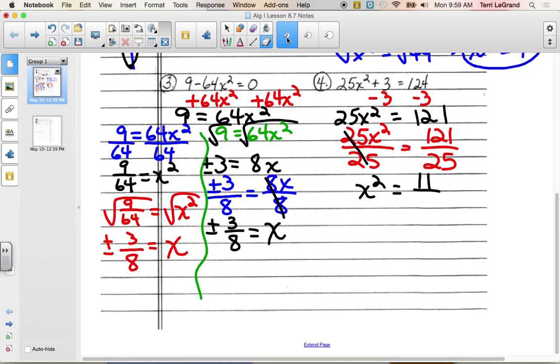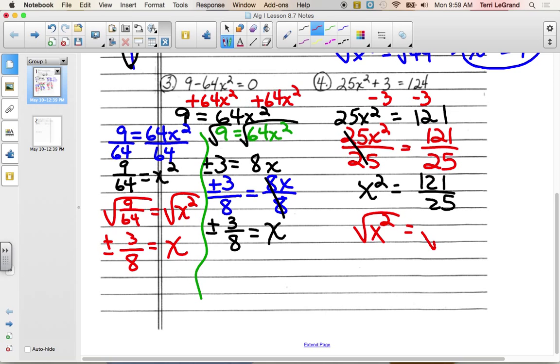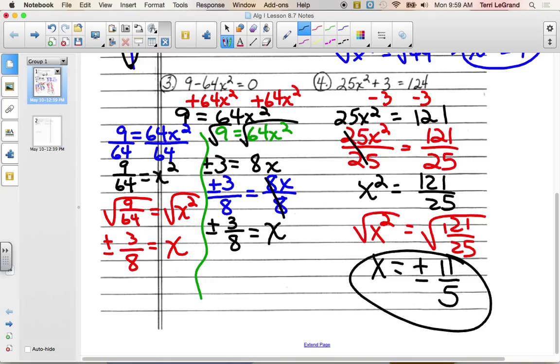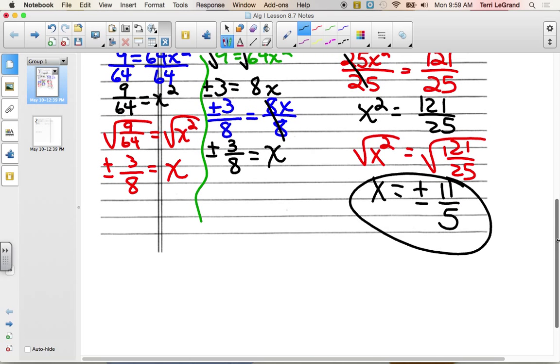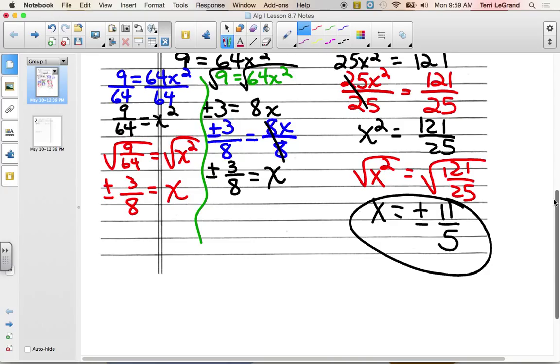What am I doing? Same solution. Positive or negative 11 fifths.